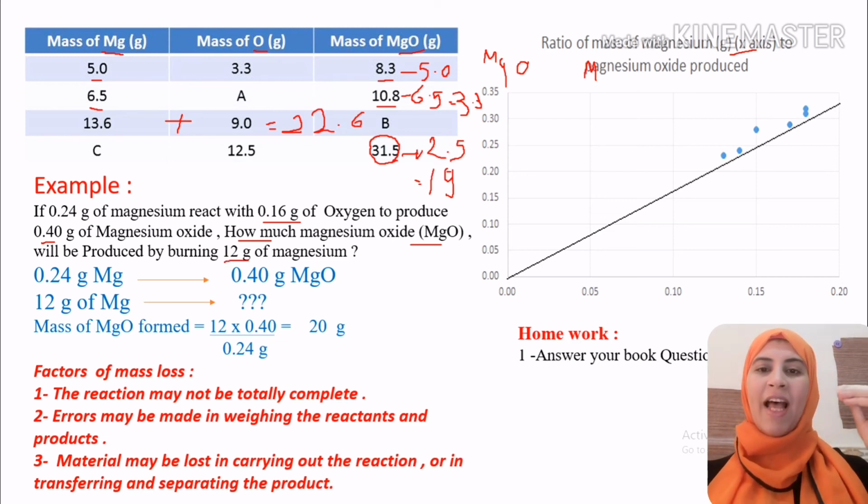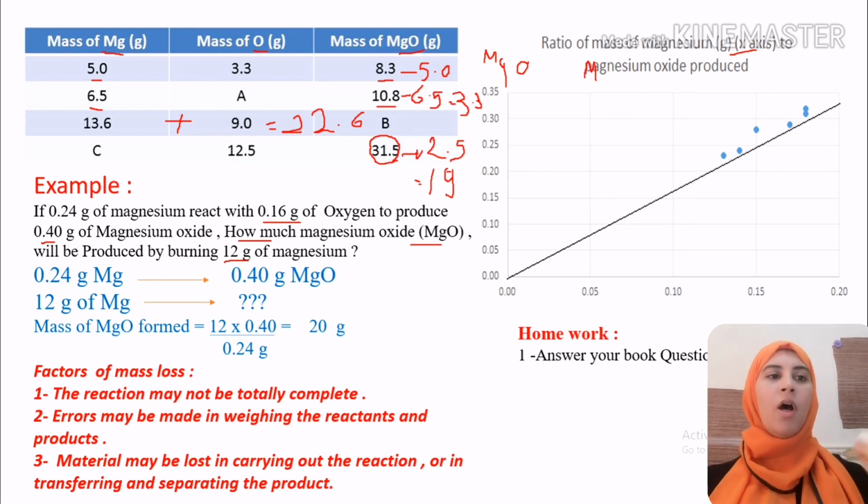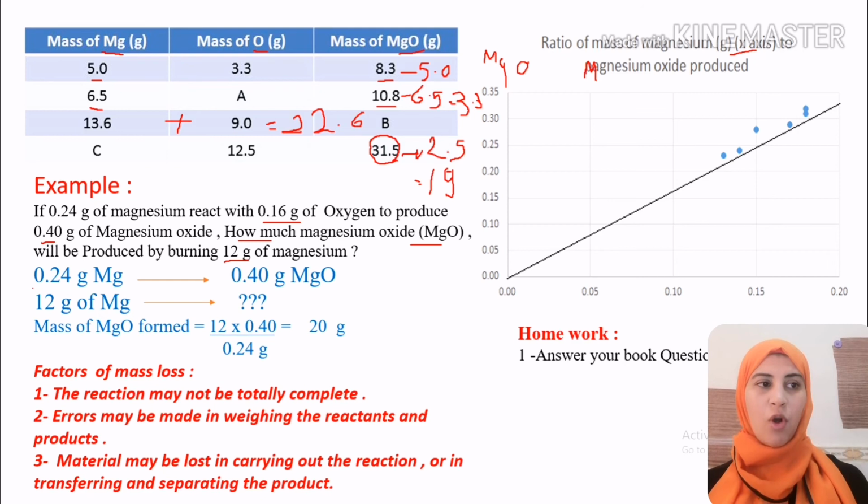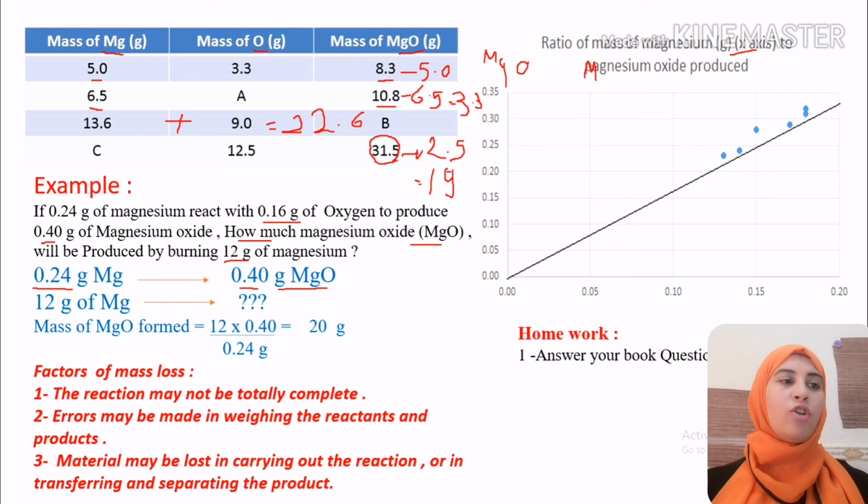At first, we have known information. We start with 0.24 grams of magnesium to form 0.40 gram of magnesium oxide. And we start to use 12 grams of magnesium. How many grams of magnesium oxide will be formed?